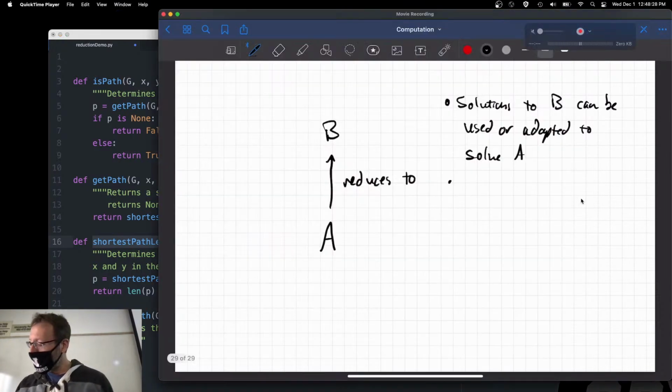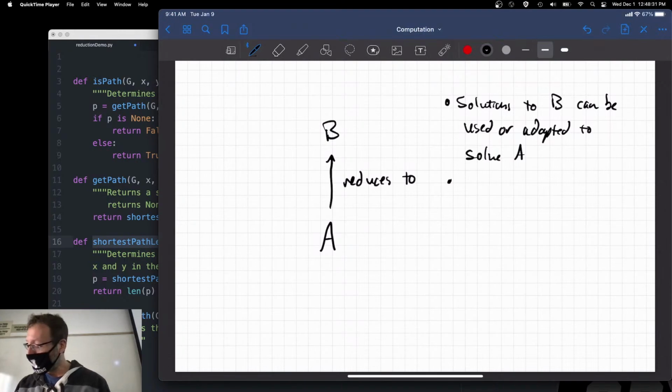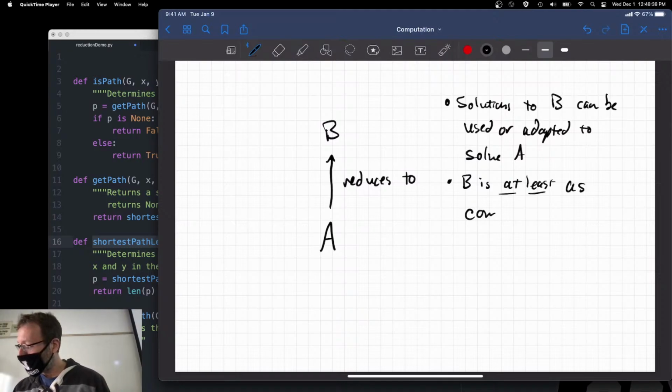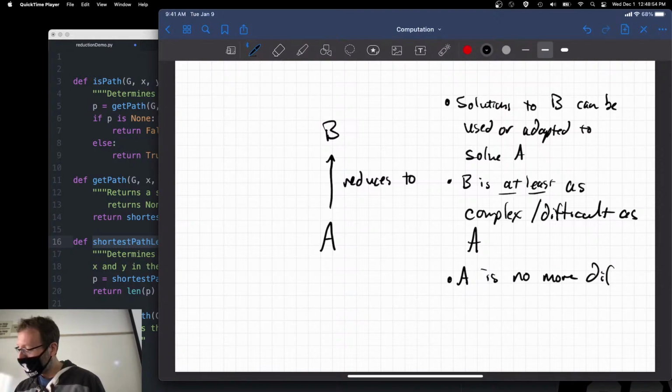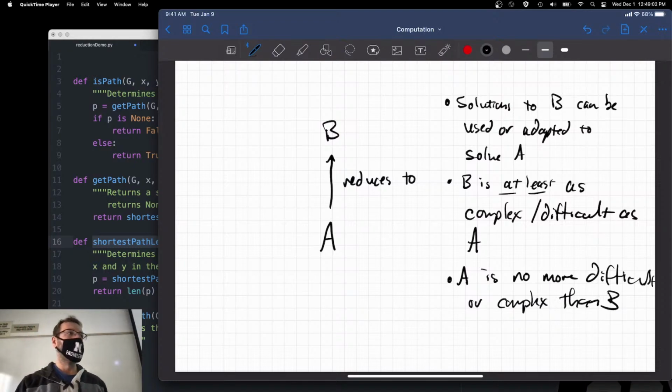So it establishes a relative complexity. B is at least as complex or difficult as A. From the perspective of A, A is no more difficult or complex than B. And so we have a symbol to write that down.